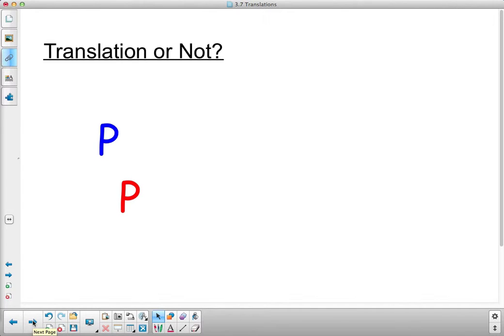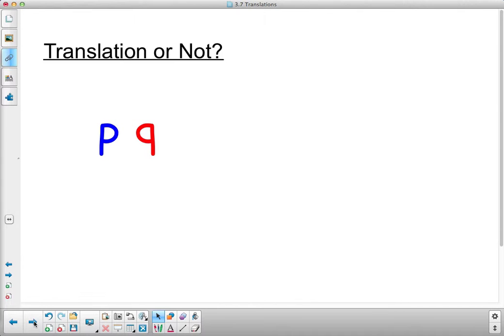Is this a translation or not? I've got the blue one, I've got the red one. Is it just a slide along parallel paths? Yes. You just slid it, slightly diagonal. So yes, that one is a translation. No, I had to twist it or turn it to get it in that position.